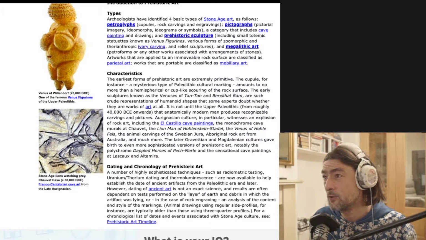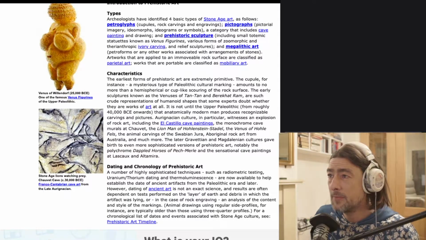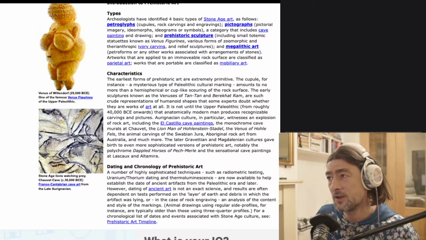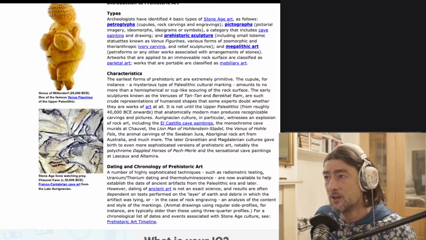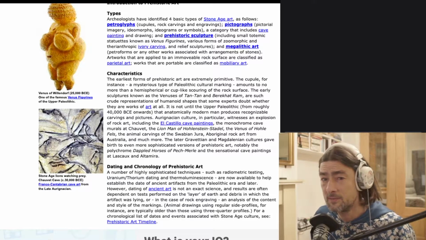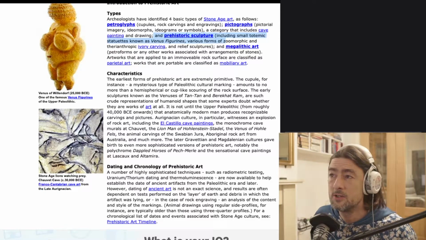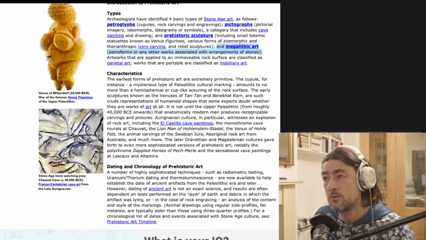Archaeologists have identified 4 basic types of Stone Age art: petroglyphs, cupules, rock carvings and engravings; pictographs, pictorial imagery, ideomorphs, ideograms or symbols, a category that includes cave paintings; prehistoric sculpture, including the small totemic statuettes, figurines, and ivory carving; and megalithic art, petriforms or other works associated with arrangements of stones.